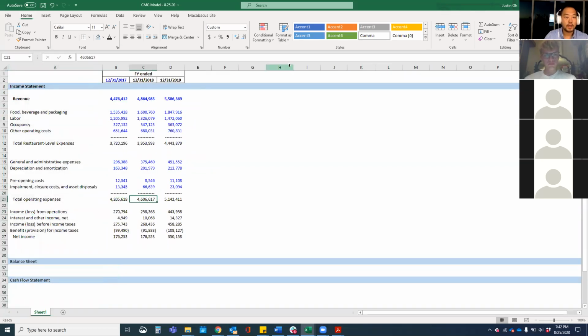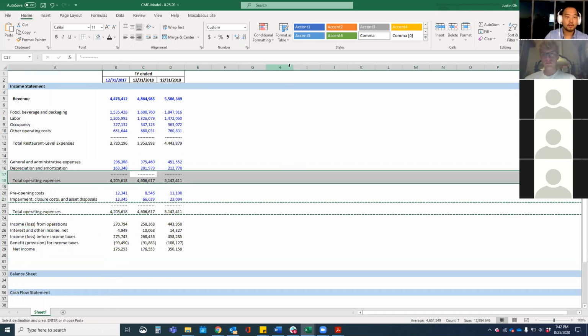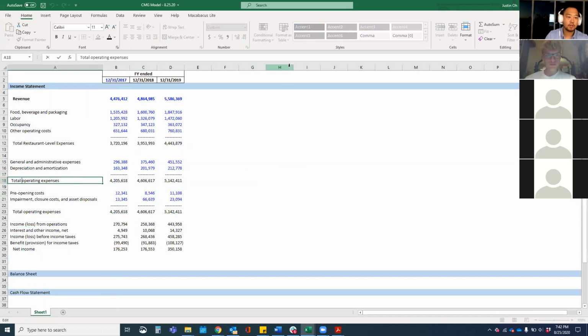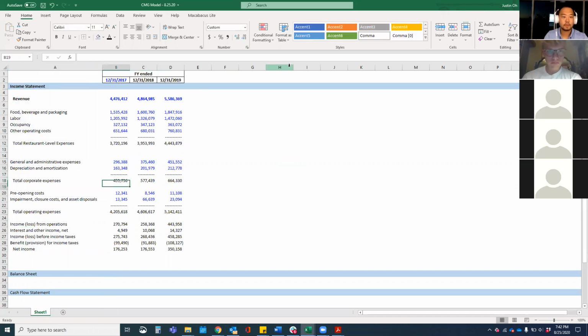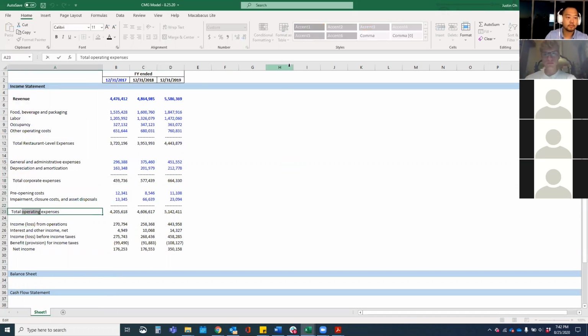Okay, so what I would say is I'm going to split this out. This is all stylistic too. Total corporate expenses. Total growth, closure expenses.